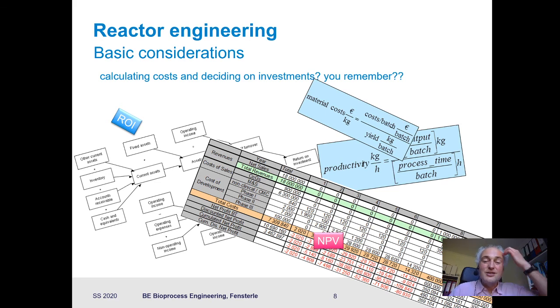And then you can calculate whether it is worth it to invest in this half a year by calculating a net present value. And of course, you all know that from business administration. And of course, that goes into bioprocess engineering, because at the end, you need to earn money and you need to make these decisions about what to do.